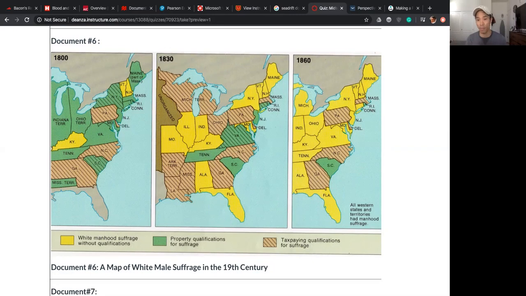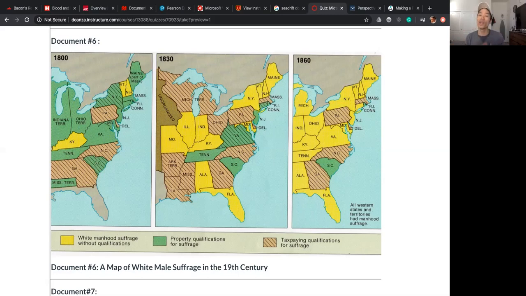That's why we call it property qualification, okay? If you look at that line, the stripe, the color code, tax paying means you have to pay a tax in order for you to vote. So you might want to think about property and taxes as a requirement to vote. Well, who would be eligible to vote?